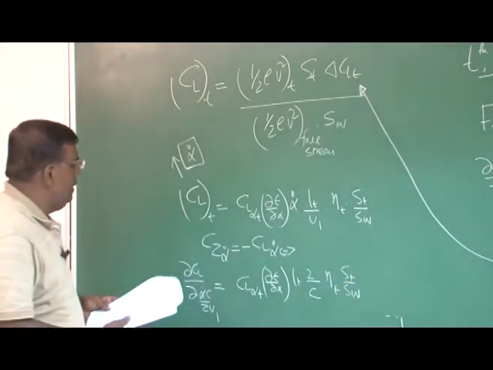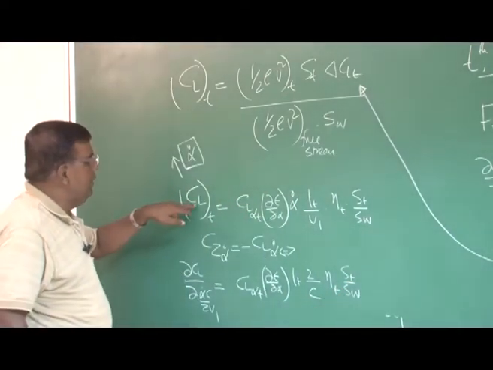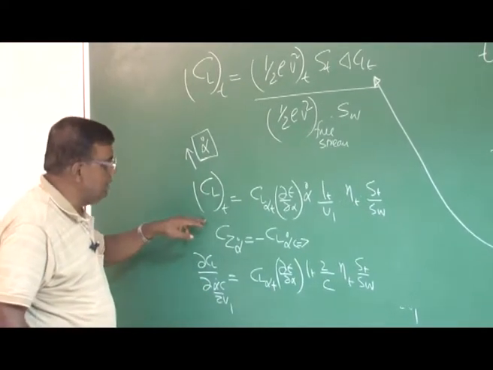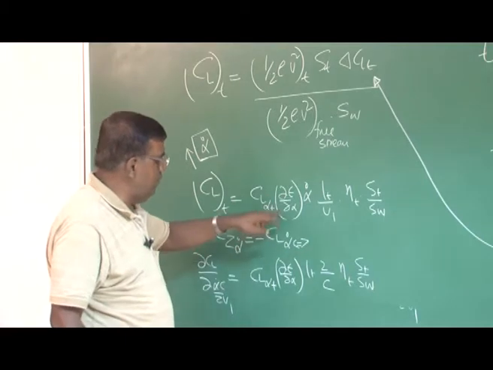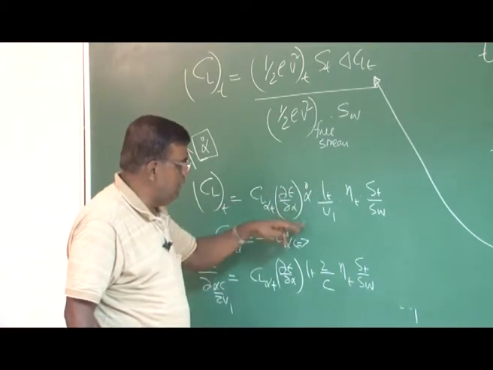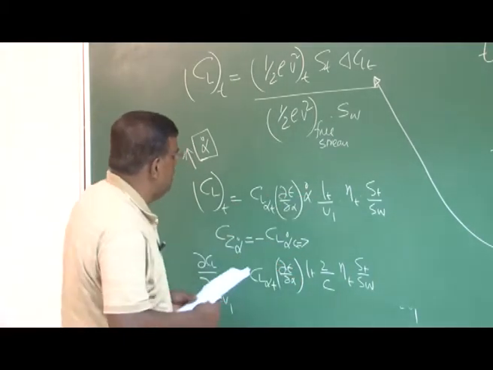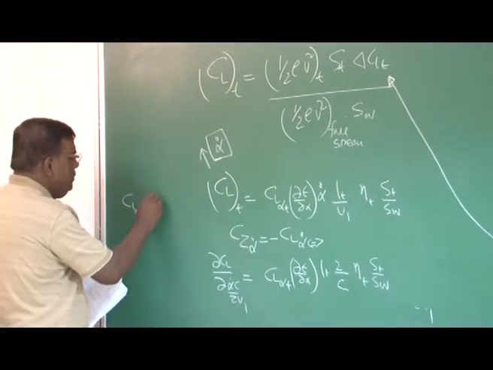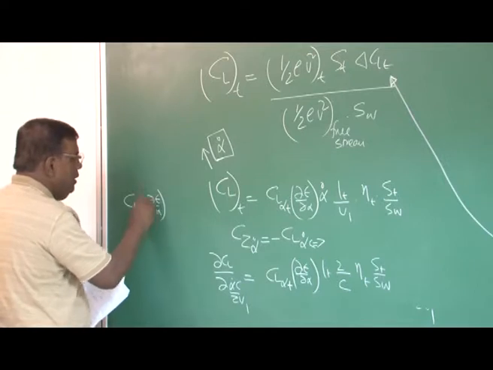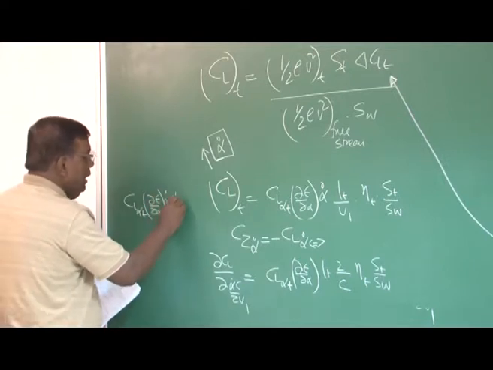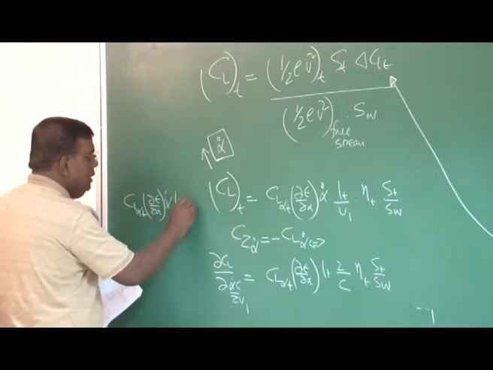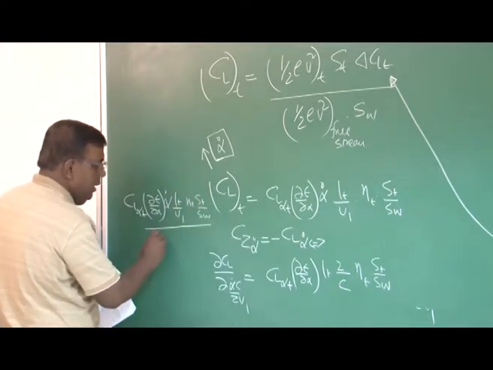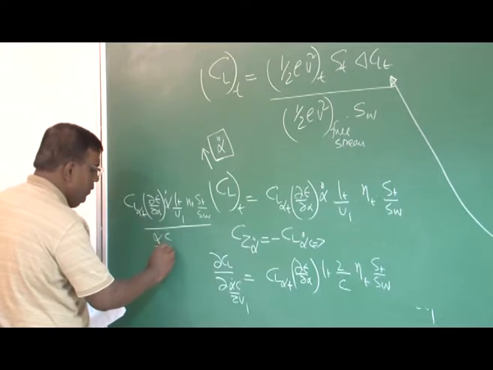Let me check. If I take a derivative with respect to alpha dot C by 2 U1, CL alpha tail will be this, d epsilon by d alpha, LT will be there, then alpha dot LT by U1 eta T ST by SW divided by alpha dot C by 2 U1.